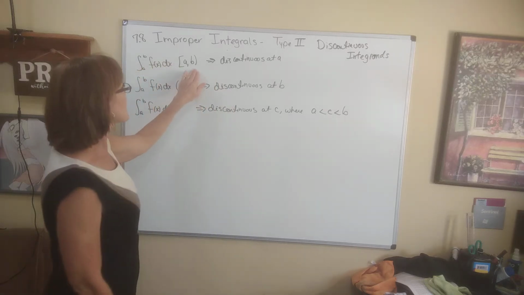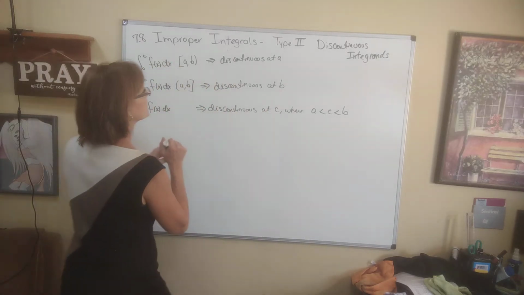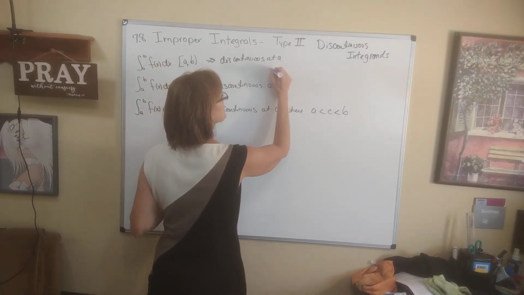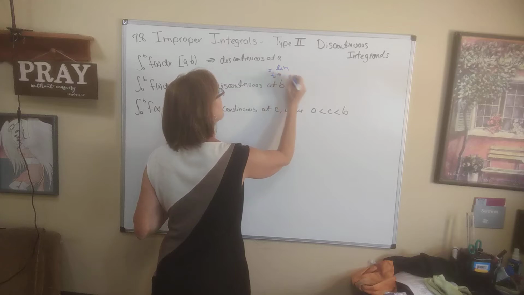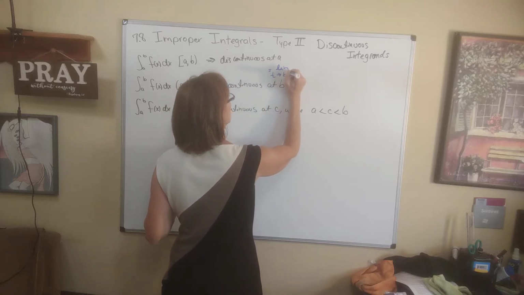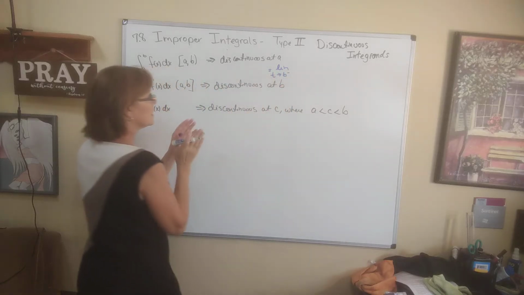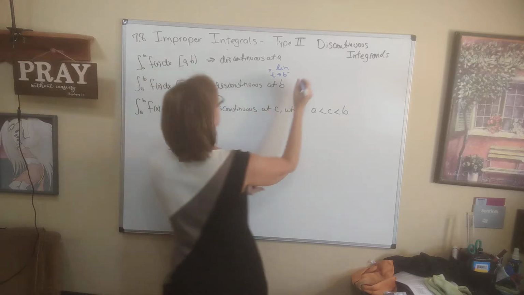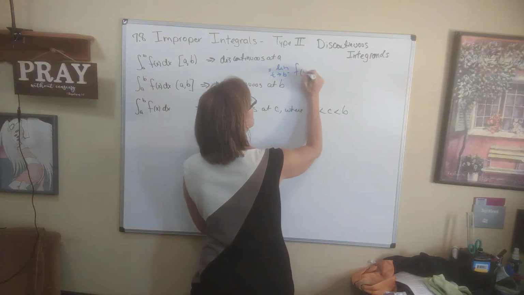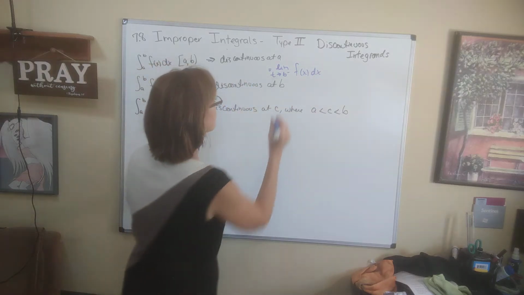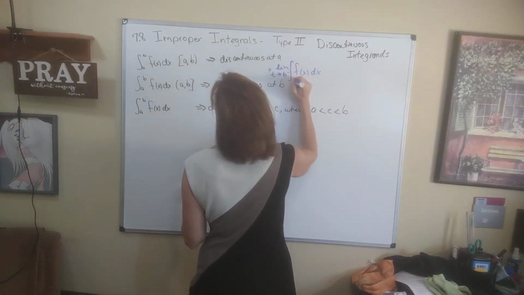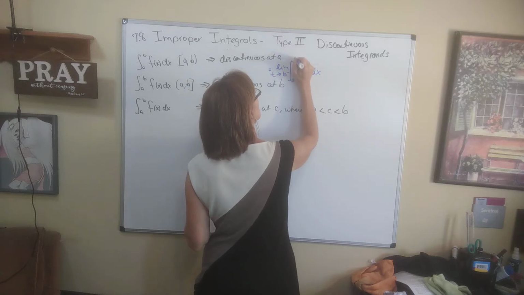If the discontinuity is at B, then we rewrite this as the limit as t approaches B from the left. It's on the left side of B that we're approaching, of the integral of f of x dx, and we change this integral from A to B into A to t.